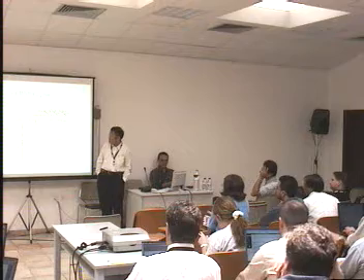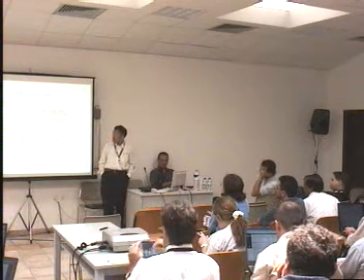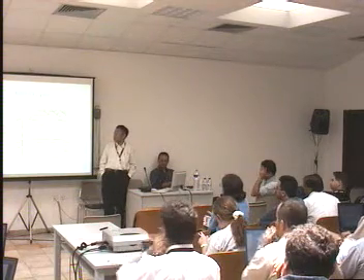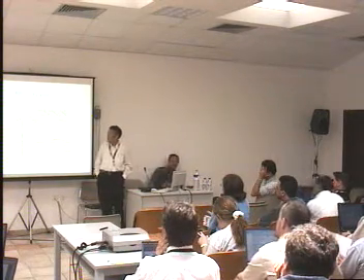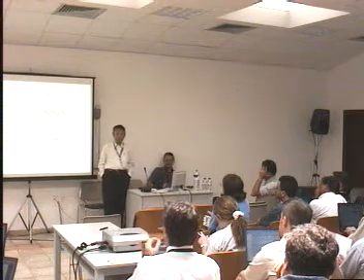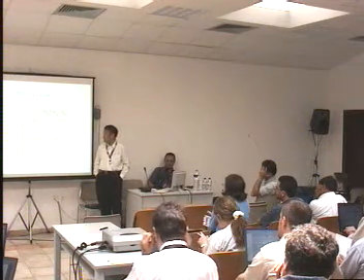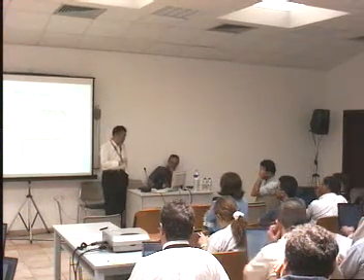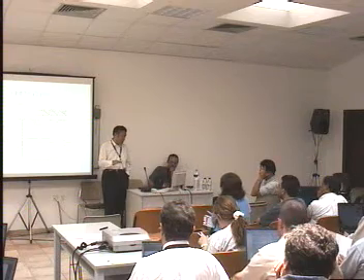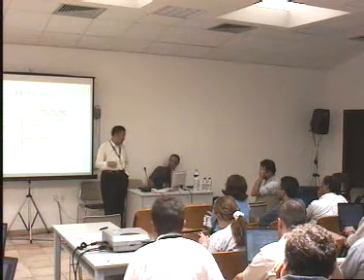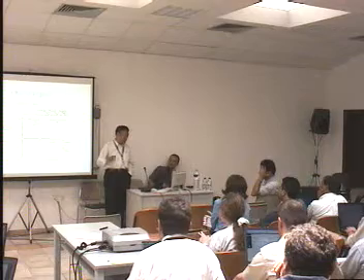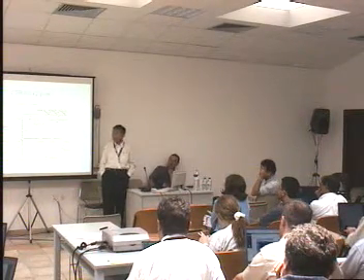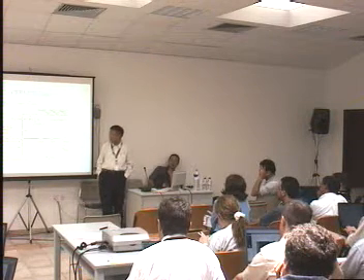And for CERNET 2, this is the designed CERNET 2 topology. For 5 cities, the link speed will be 10G. The government wants us to build 13 cities, but the MOE wants us to connect 20 cities, which will connect about 200 research universities in China.